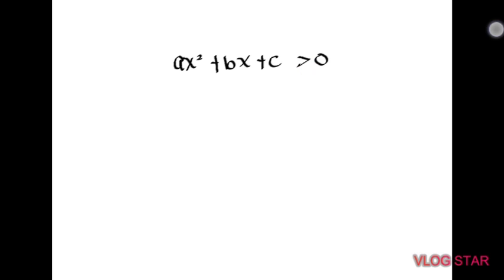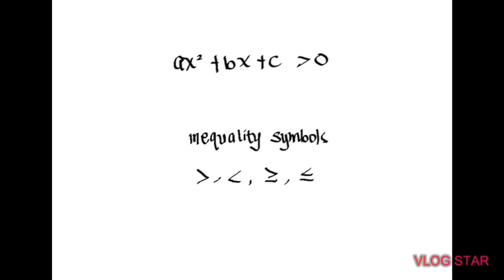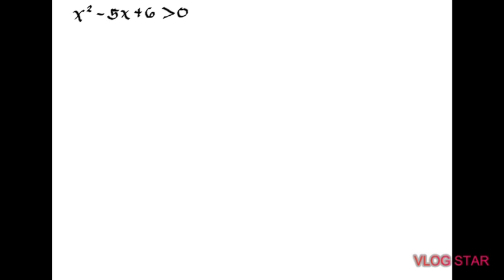And aside from using a greater than symbol, we can also use less than, greater than or equal to, and less than or equal to, which we call inequality symbols. So now let us try to solve a quadratic inequality. If, for example, we have x squared minus 5x plus 6 is greater than 0, how can we solve for its solutions?